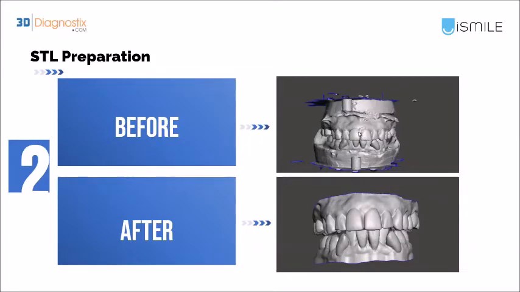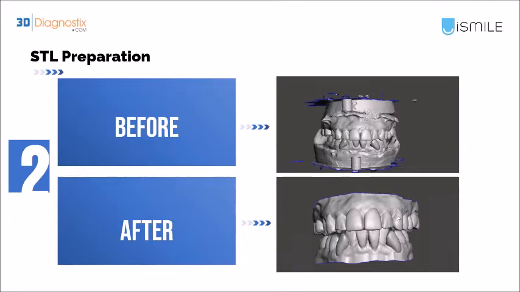Here's a trick that I always tend to tell my team is that before deciding if this case or this STL is a good STL to work with, please remove all the extra parts from the STL to make it look exactly like this before saying if this STL is a good STL to go.